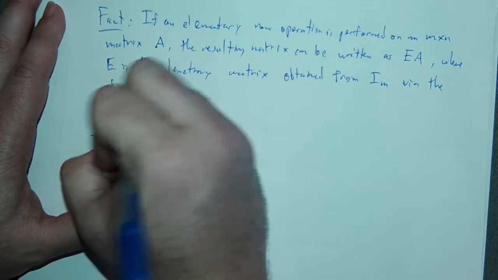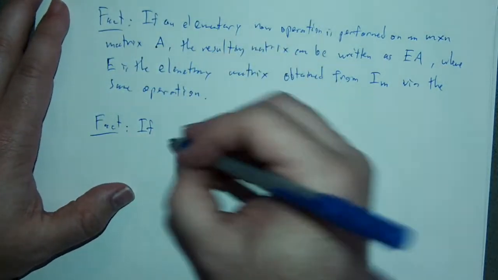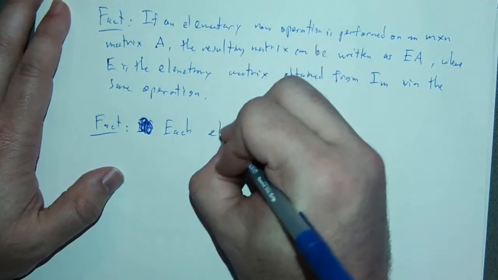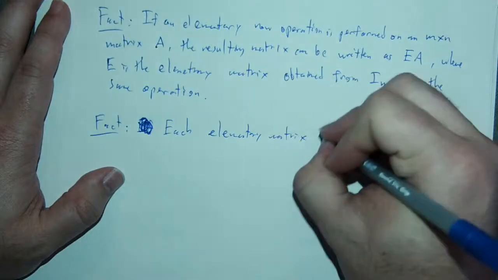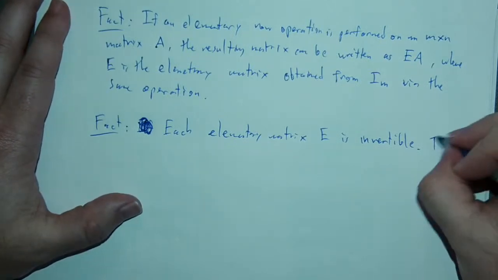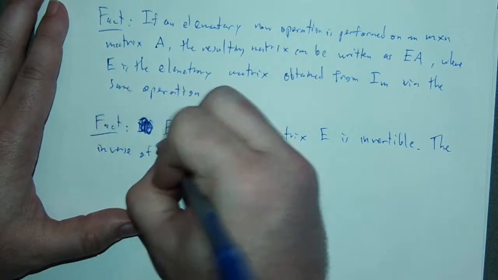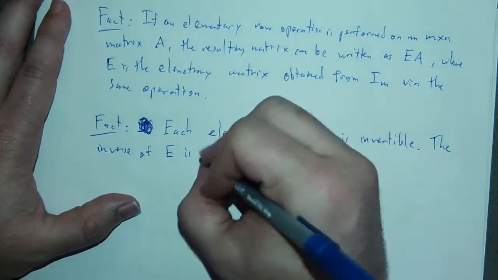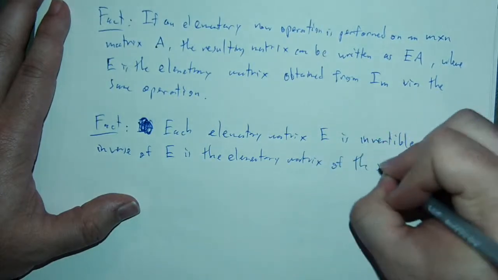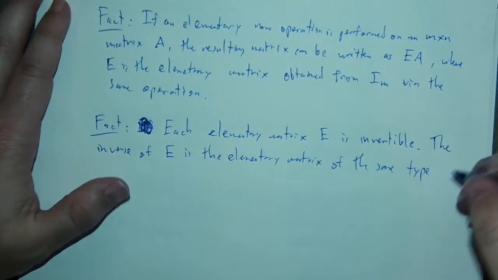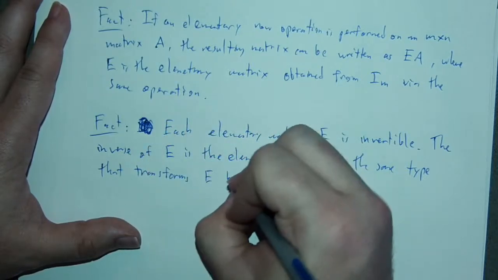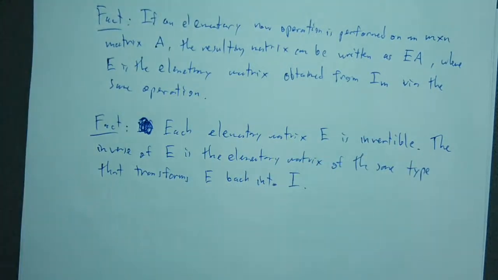And here's another fact. Each elementary matrix E is invertible. The inverse of E is the elementary matrix of the same type that transforms E back into I. So a quick example.